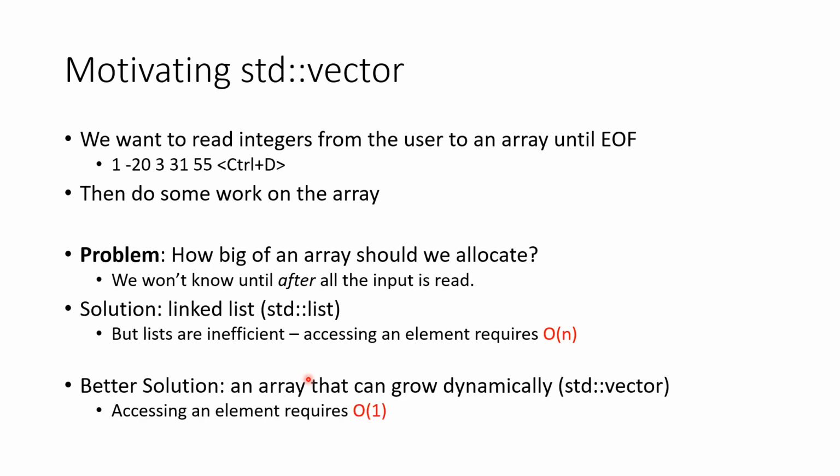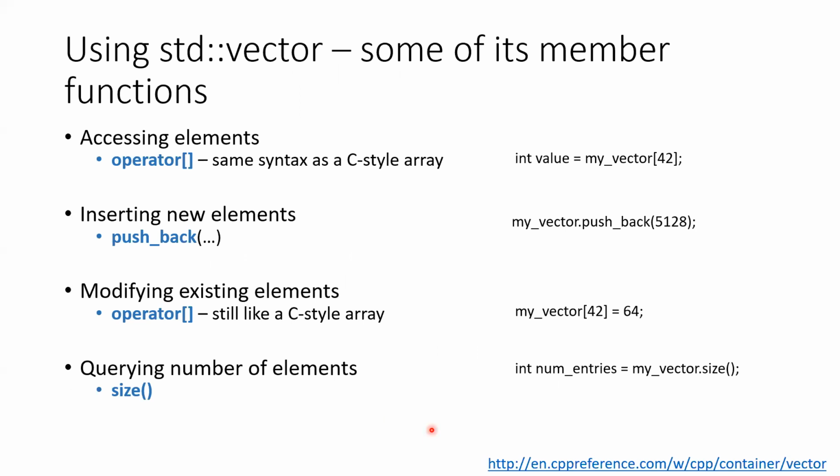The better solution is something that can work like an array, where you want to access element n and you just go to element n and grab it in O(1) time. But it can grow dynamically, which means we don't need to have the exact number at the beginning and you can insert anytime, which is the vector.